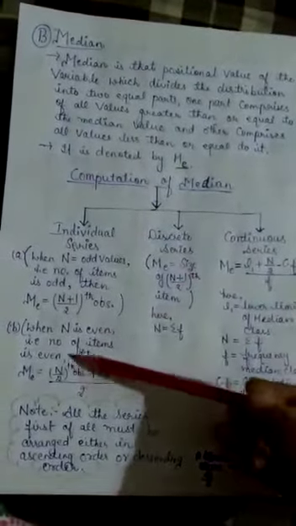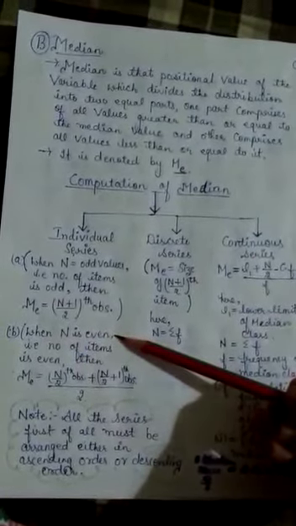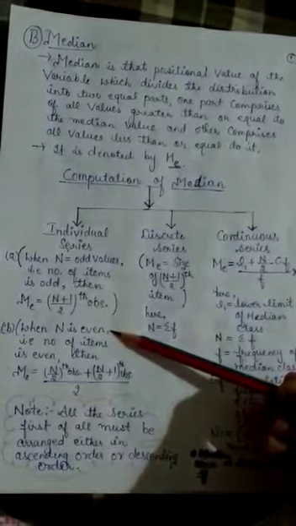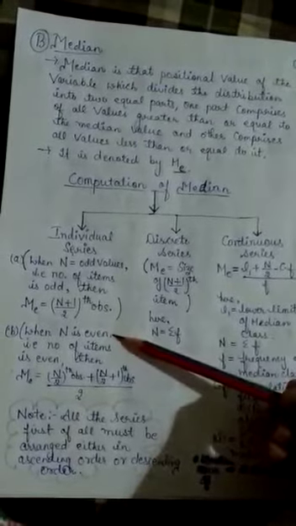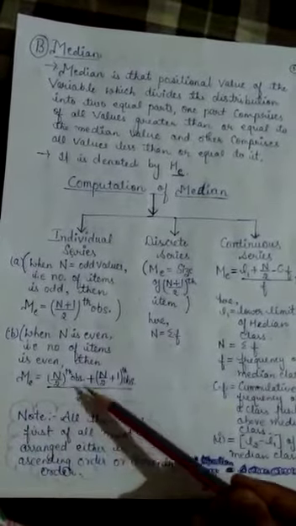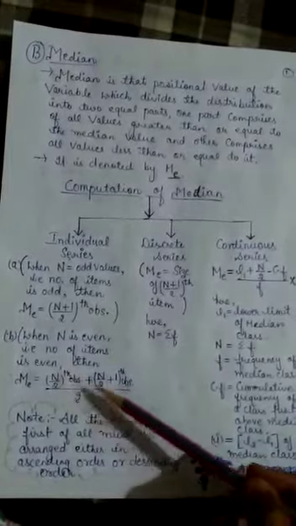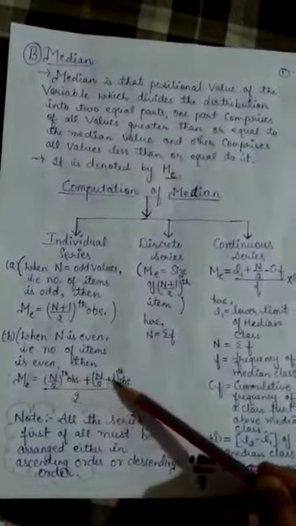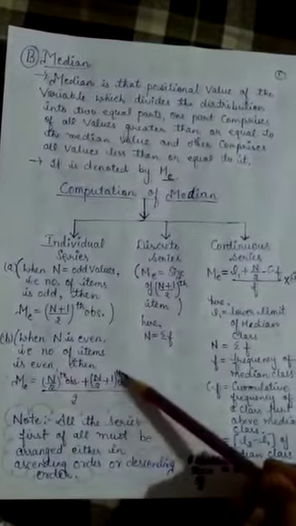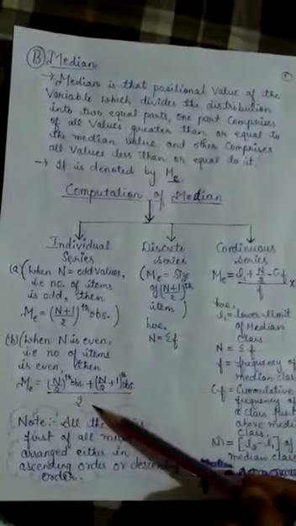In the same way, when n is even, even means the number of observations is 2, 4, 6, 8, 10, 12, etc. In that case we will use the median formula: n upon 2th observation plus n upon 2 plus 1th observation, all upon 2.